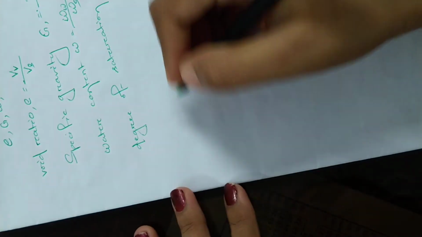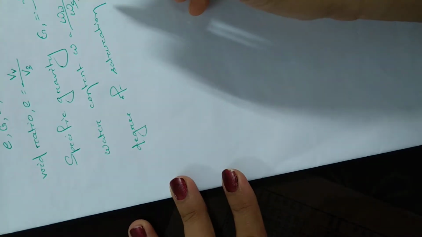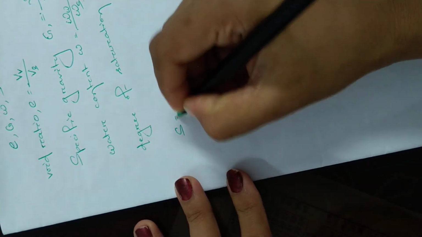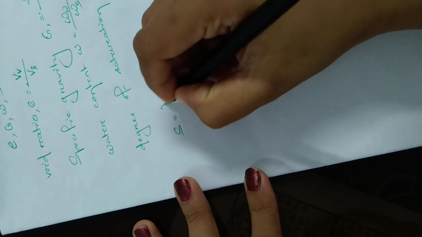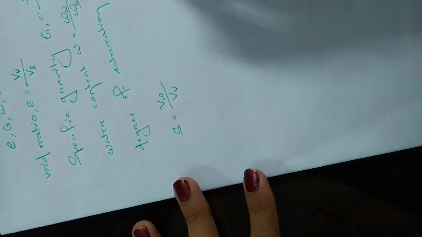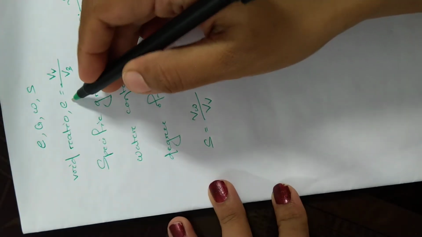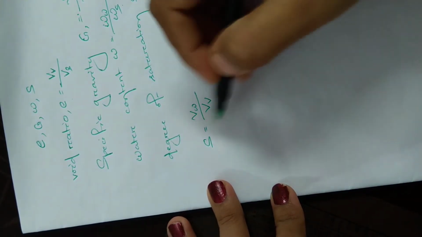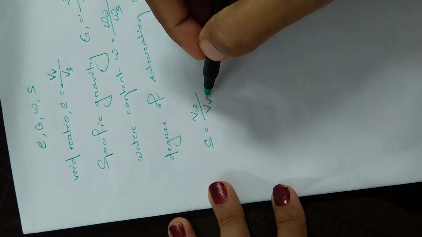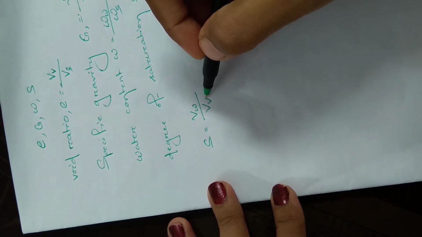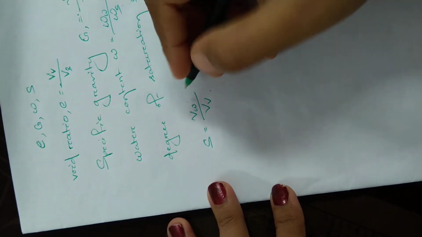So for that I am taking the formula of S first. So S is equal to Vw by Vv. Now to find out the formula of E in this relation, I will simply divide by Vs above and below.